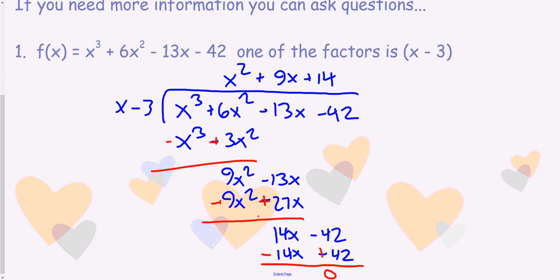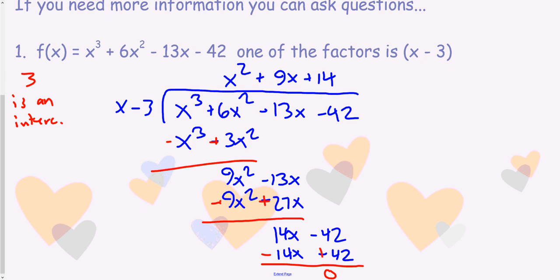So we know that that's correct, that that certainly is one of the factors, and that 3 is an intercept. Now, what's left over once I've divided out the x minus 3? I'm left with this polynomial, x squared plus 9x plus 14.